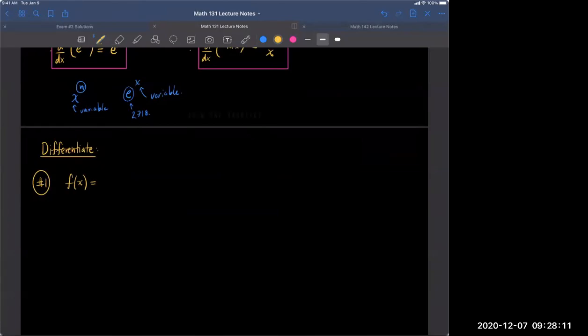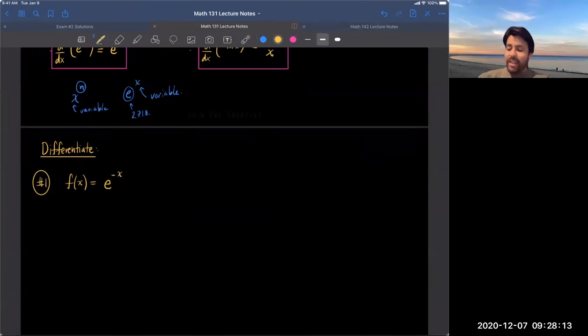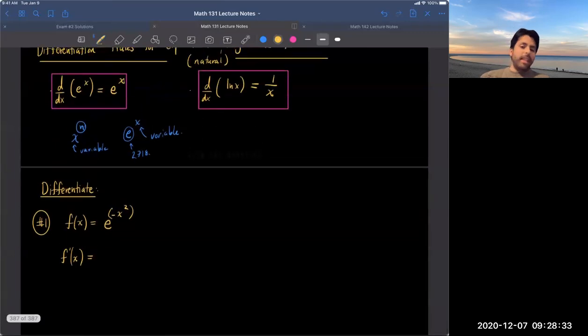Okay, so really quick, if I want to find the derivative of something like e to the negative x squared, guess what we're going to have to do? We know that the derivative of e to the x is e to the x, because it says so in your textbook.